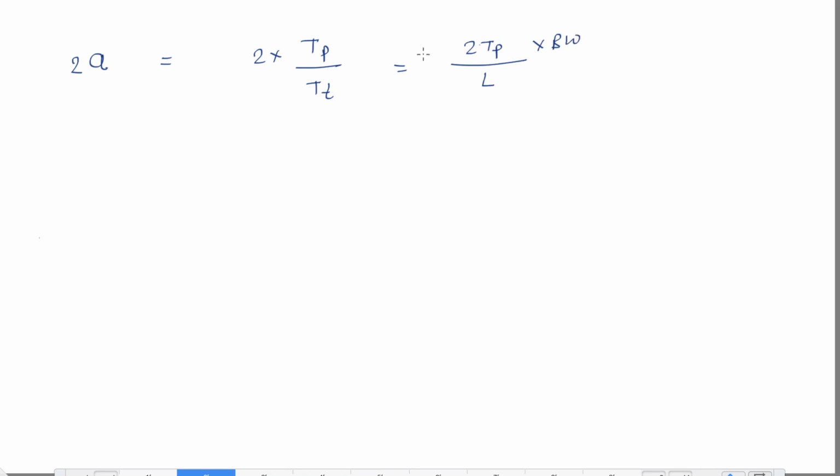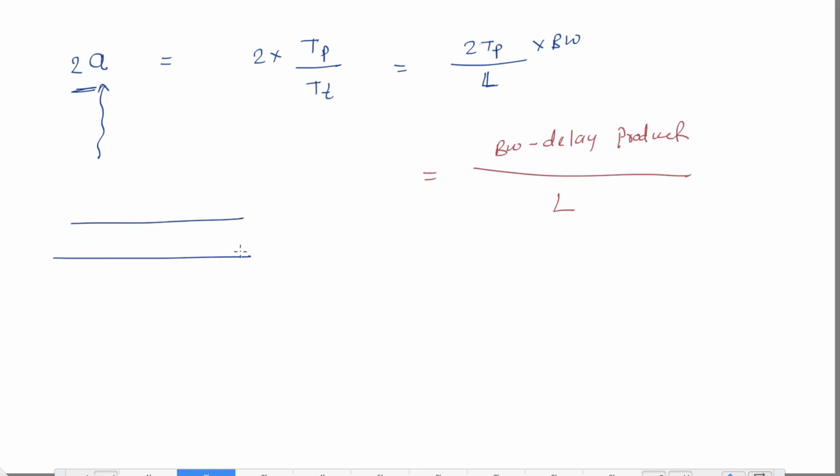So if you notice, this 2A and this bandwidth into delay product are almost the same apart from this L. So you can say that this is just bandwidth delay product upon length of the packet. So basically, if you remember, this A was the number of packets that you can fill in the channel, right? 2A is the number of packets you can fill in the channel.